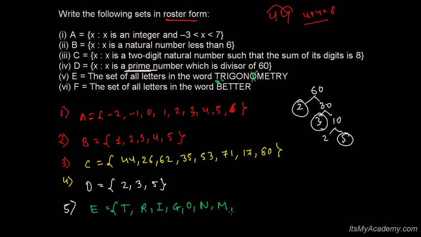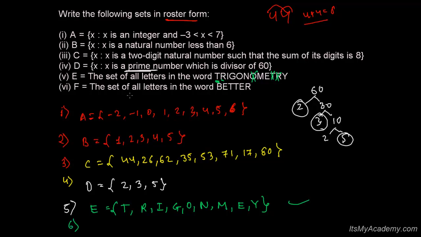Then M, then E, which I haven't written yet, I can write, and then T comes again. But I have already mentioned T here, so there is no need to write this T. You can avoid this. And then R is also already mentioned here, so I'm not going to write that. And then Y. I've given you the rules: no duplication and no mention of order. So this is my set. Set, I might be making a wrong pronunciation, I'm sorry.